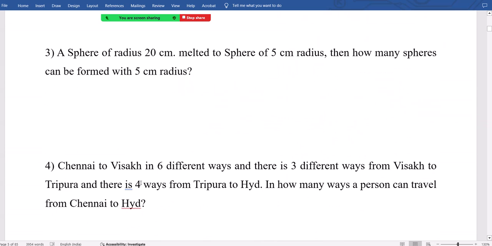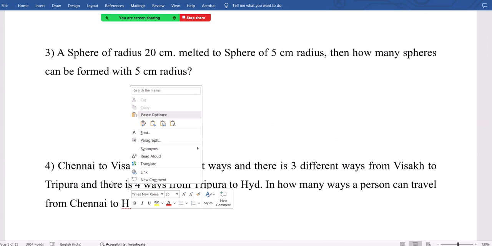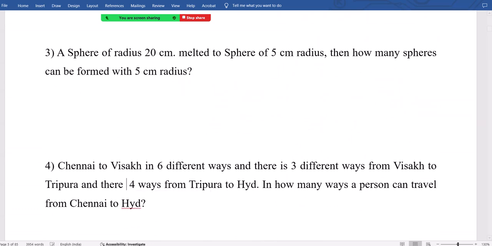Areas and volumes. A sphere of radius 20 centimeters is melted into spheres of 5 centimeter radius, then how many spheres can be formed with 5 centimeter radius? We have a sphere of radius 20 centimeters.